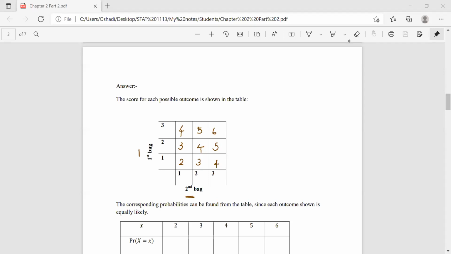So what is the probability of obtaining 2? Altogether there are 9 possible outcomes. Obtaining the summation as 2, the probability is 1 over 9.